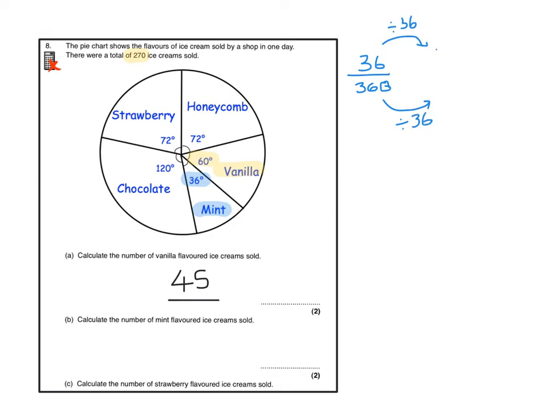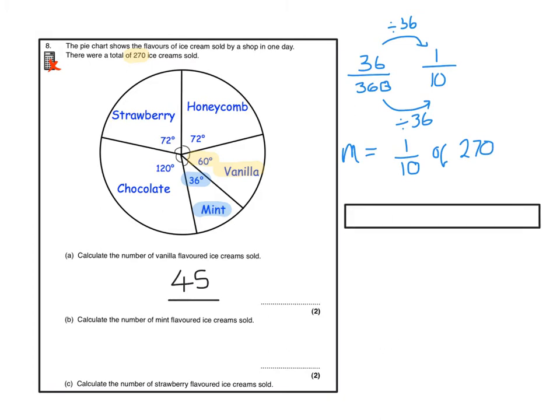36 divided by 36 is 1. 360 divided by 36 is 10. So mint is actually a tenth of the whole number of ice creams, which was 270. So again, I've got my bar. This time we're splitting it into 10.